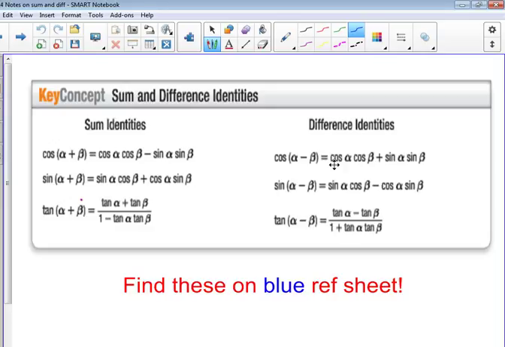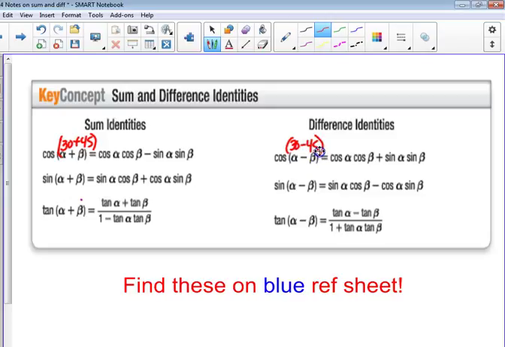All right, this is what they look like. Can you find them on the blue sheet? It says sum relations and difference relations, right? Okay, there was some confusion earlier today. When it says 30 plus 45, then 30 is A and 45 is B. If it says 30 minus 45, then 30 is A and 45 is B. It's not negative 45, okay?